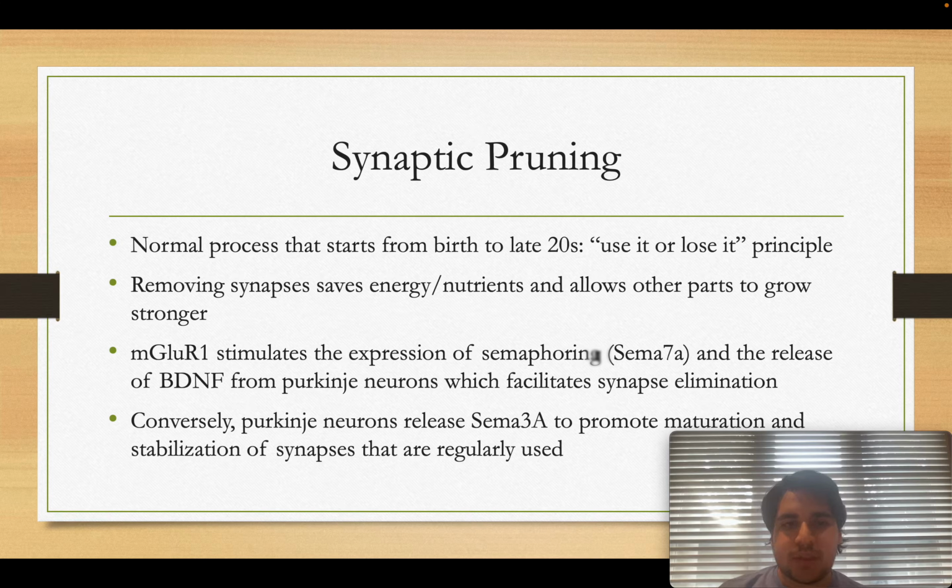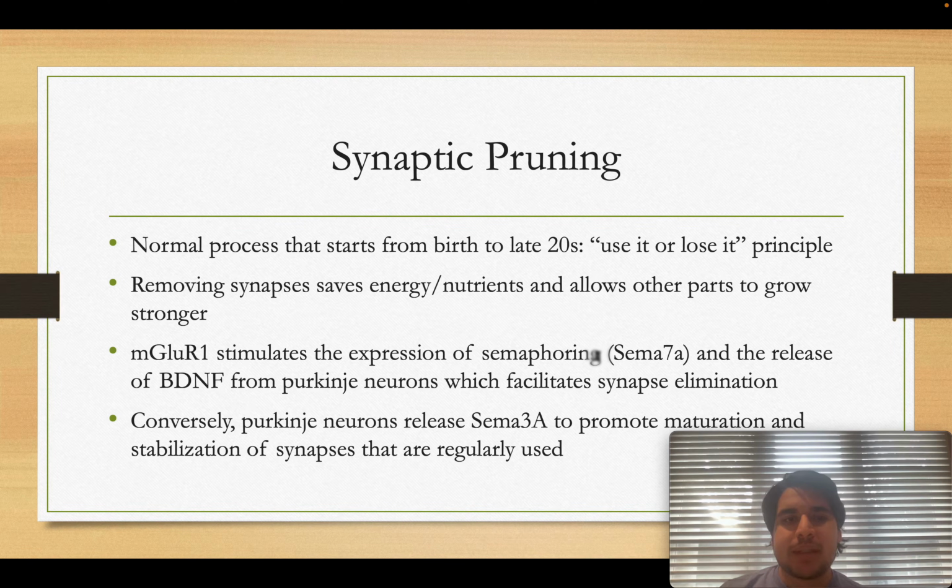If you're wondering about the mechanism, one of the common mechanisms that scientists have figured out is that mGlu1 basically stimulates the expression of the chemical semaphorin, or SEMA7A, and this stimulates the release of BDNF from the Purkinje neurons, which facilitates synapse elimination in neurons.